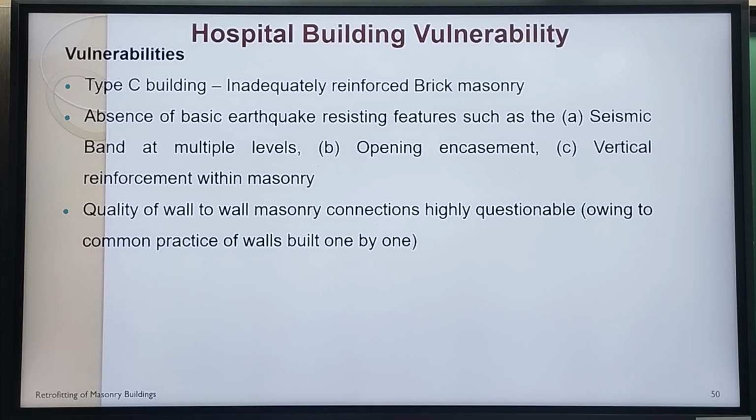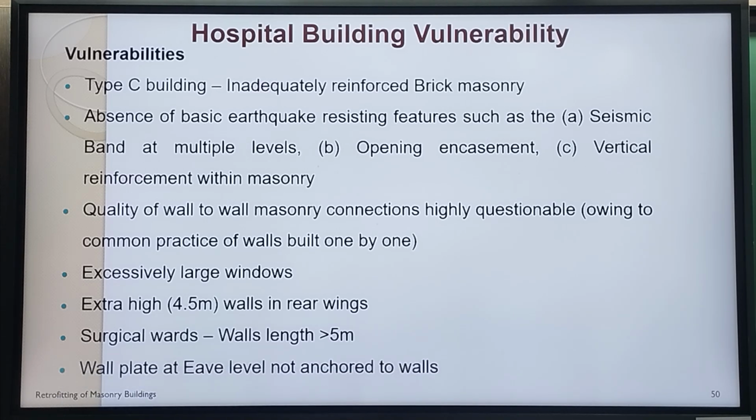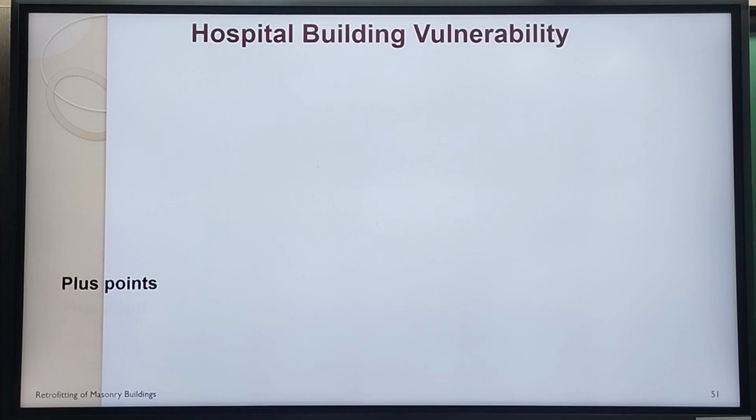So we would assume that connection is bad. And excessively large windows, extra high walls in the rear wing. Yeah. Alright. The wall plate was at even level but not anchored to the walls. It was merely placed with bricks on both sides.